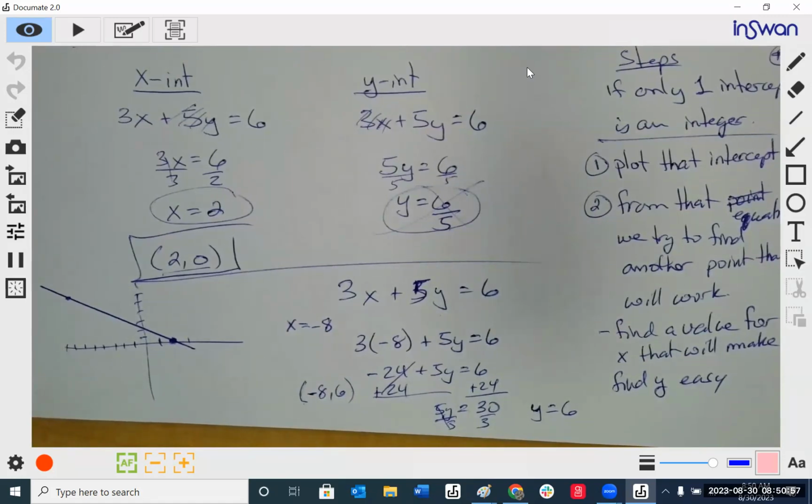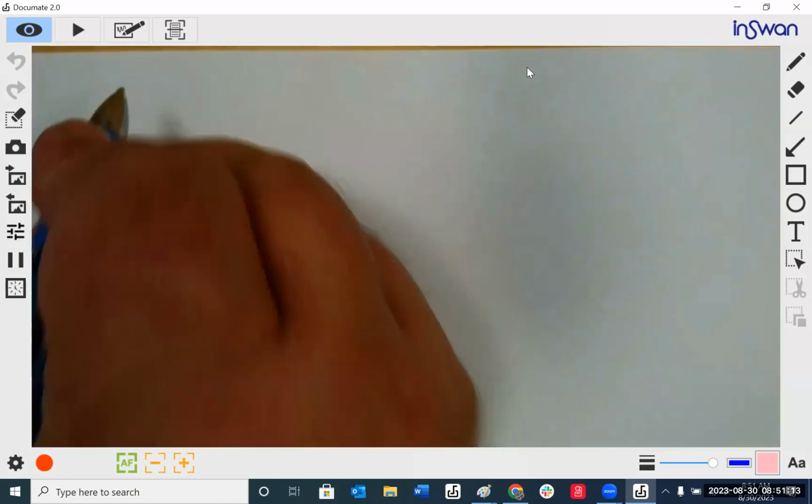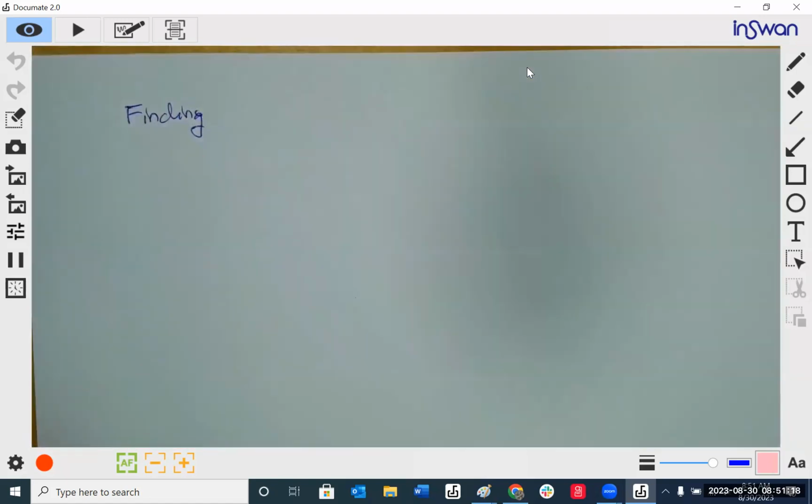That's only if you can find something that works. Not good method, is it? Let's see if there's another method we can use. If we had the slope, would that help?